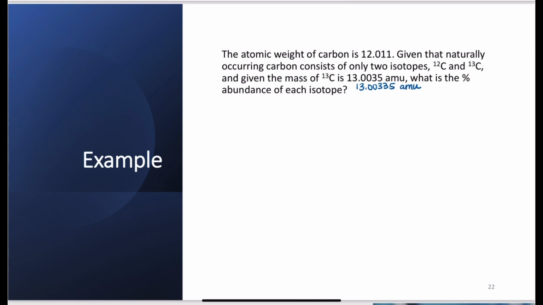And the 335 is just making it more precise in the measurement, so we're going to use that in our calculations. We're going to do this very similarly to how I just did the nickel problem when we actually did it by math. We know that the atomic weight of carbon is equal to the fractional abundance of carbon-12 times the mass of carbon-12, plus the fractional abundance of carbon-13 times the mass of carbon-13.